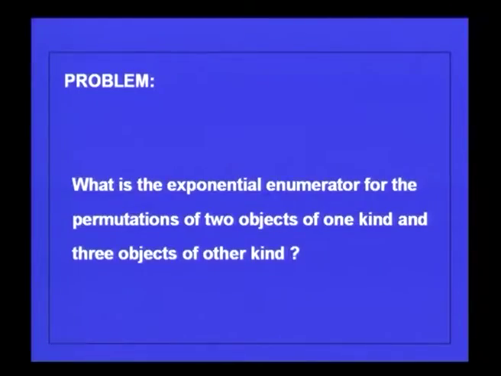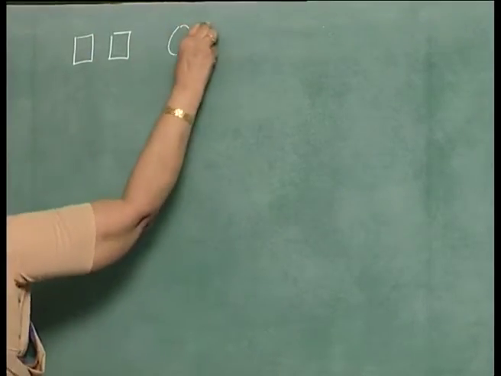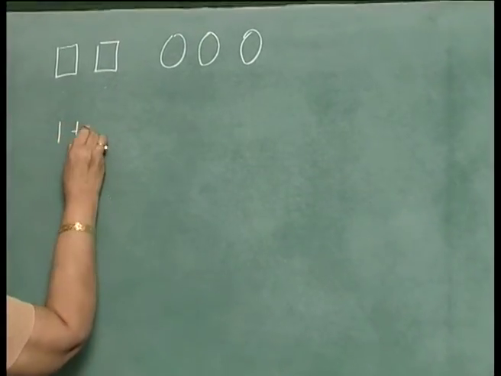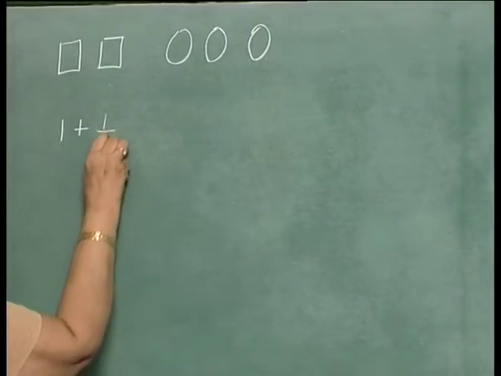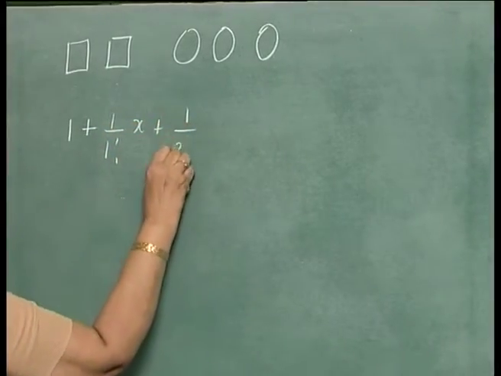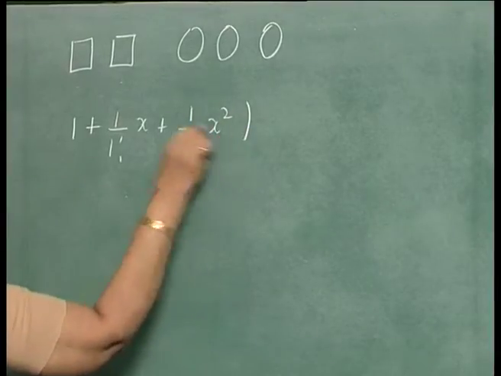Let us consider a small problem. What is the exponential enumerator for the permutations of 2 objects of one kind and 3 objects of another kind? For the first one, the exponential enumerator will be 1 + (1/1!)x + (1/2!)x^2, because you are having 2 of them.